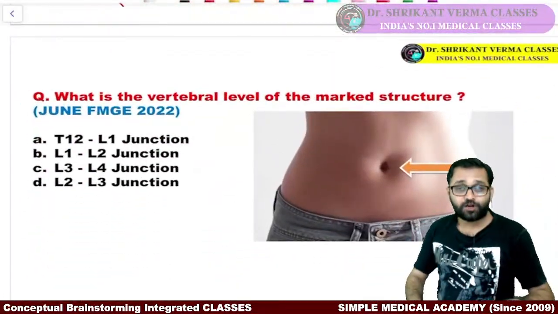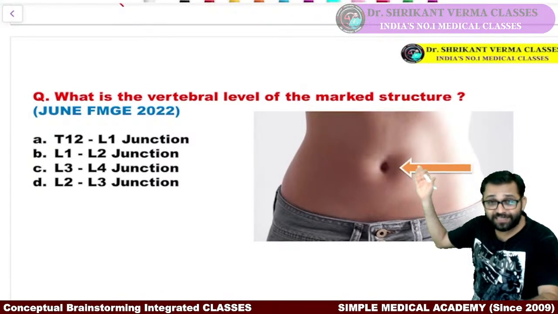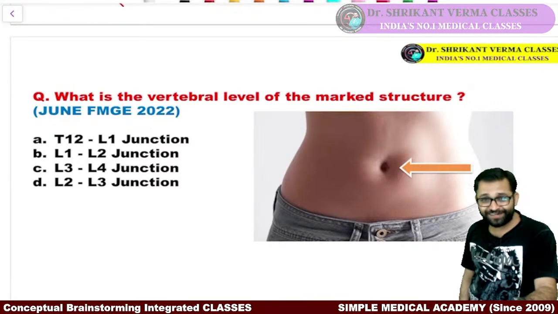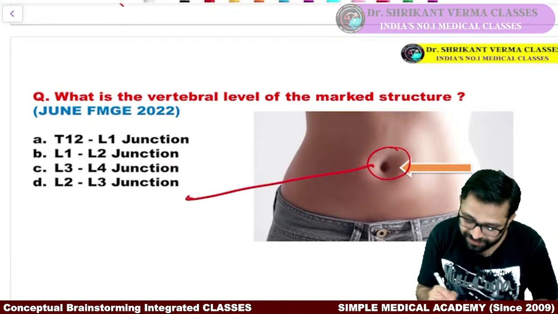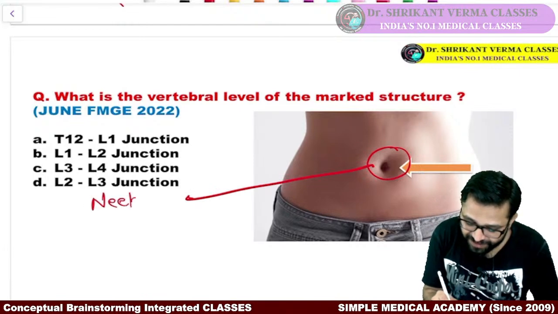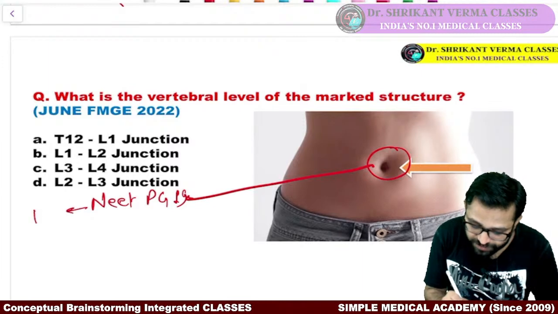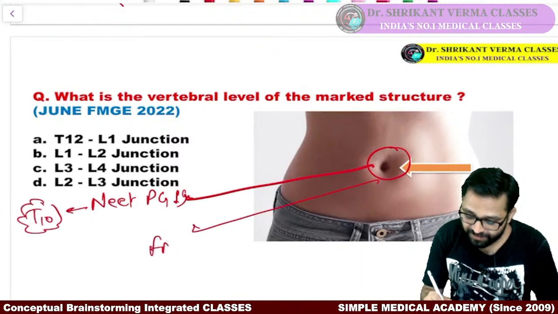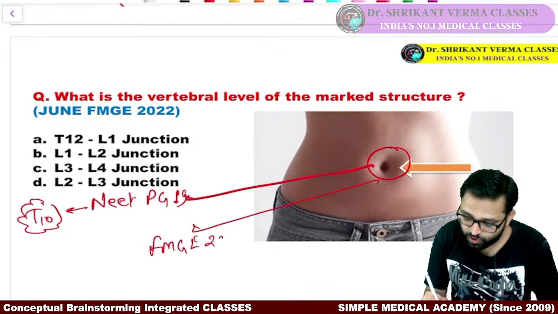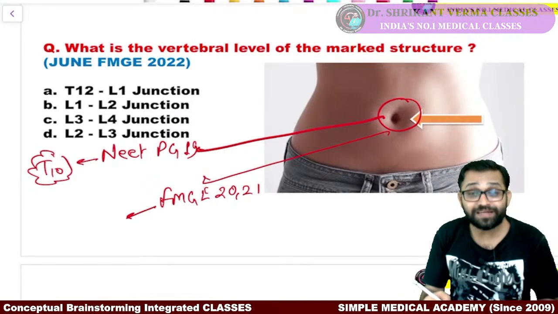Now we are going to talk about our next question. People are after the umbilicus, NEET people as well. They are asking about the dermatome. Fine. FMG exam, see here what the different questions are. The NEET PG 2009 question was supplied by T10. Then in FMG 2021 they asked the umbilicus question.